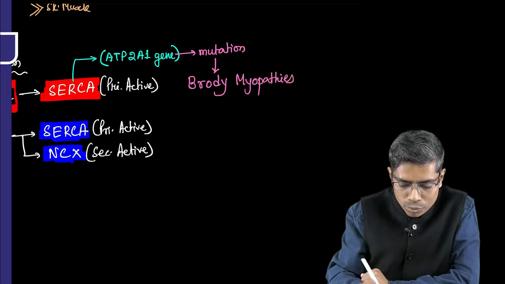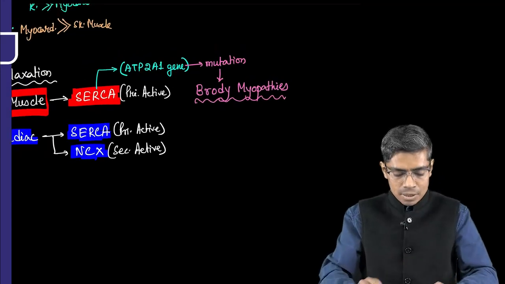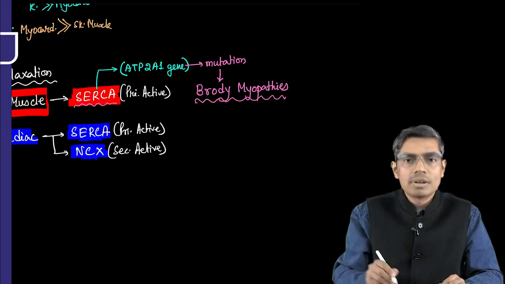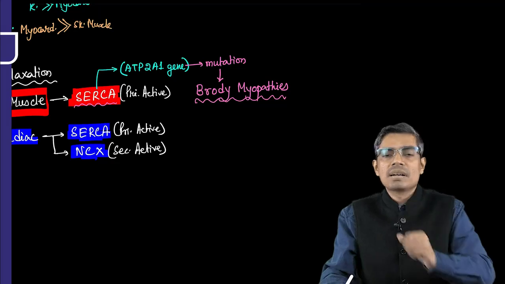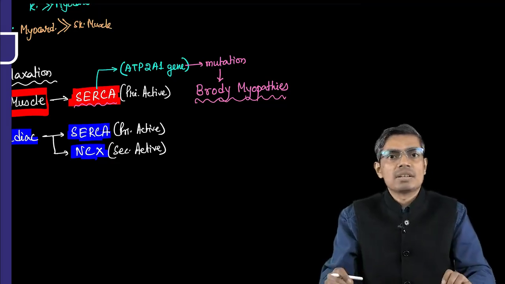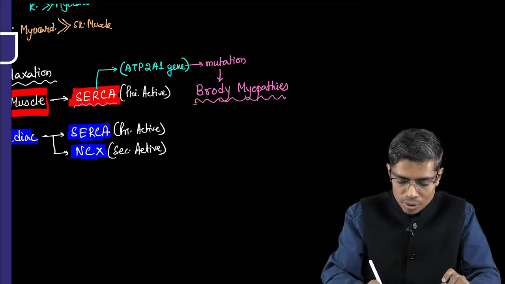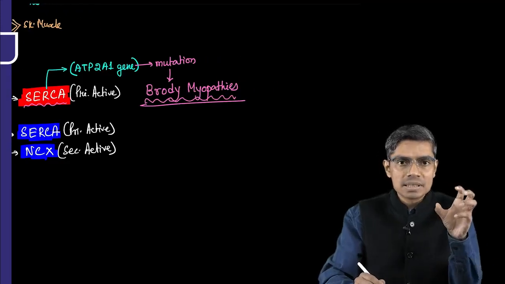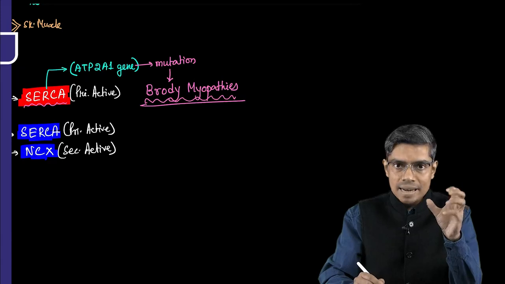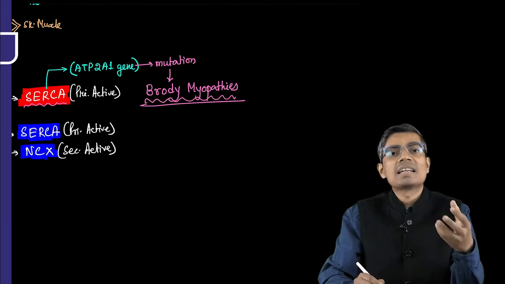Getting my point? So what will be the symptoms of Brody's myopathy? Could you guess? Is the SERCA pump required for contraction or relaxation? Relaxation. So if the SERCA pump is mutated, the relaxation of the skeletal muscle will not be proper. In Brody's myopathy, the typical symptoms are severe muscle stiffening or muscle cramping after exercise or after activity of the muscle.